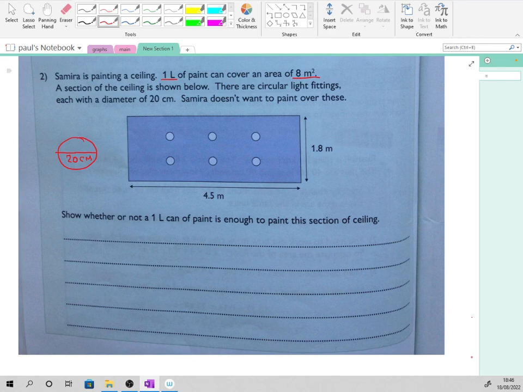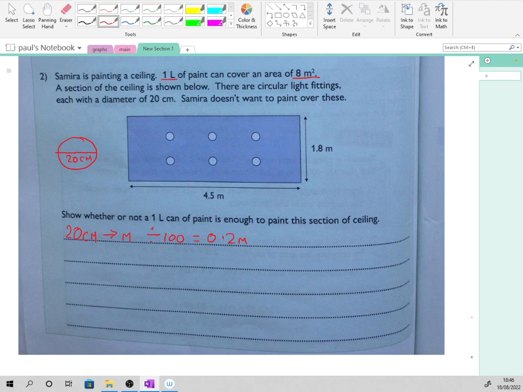So we need our answer to the area of the grey shaded part to be in meters squared. So probably best to convert 20 centimeters to meters by dividing by 100, which equals 0.2 meters.